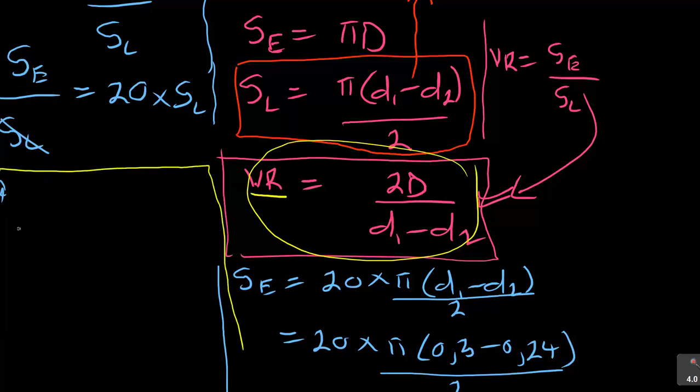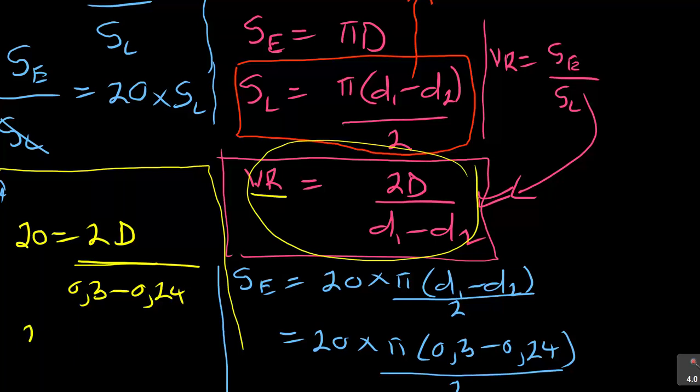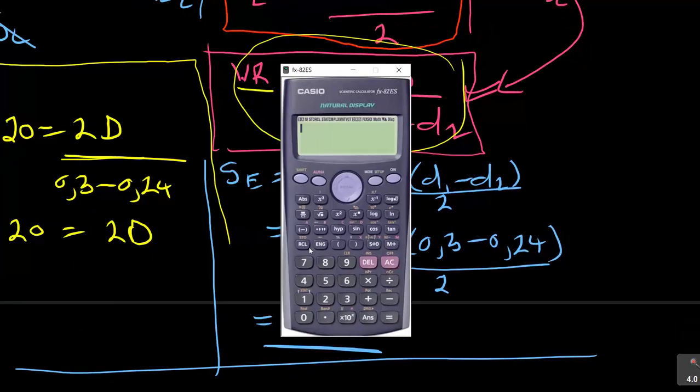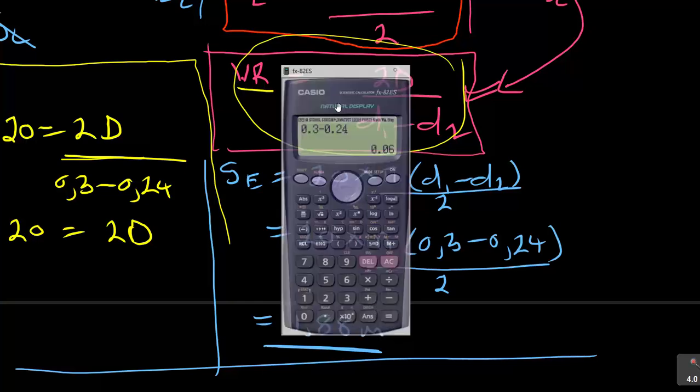Where there is VR, remember VR is 20, so 20 is equal to 2D over (D1 minus D2), with D1 being 0,3 and D2 being 0,24. We are now calculating the big D because they didn't give us the big D. 0,3 minus 0,24 will be 0,06.